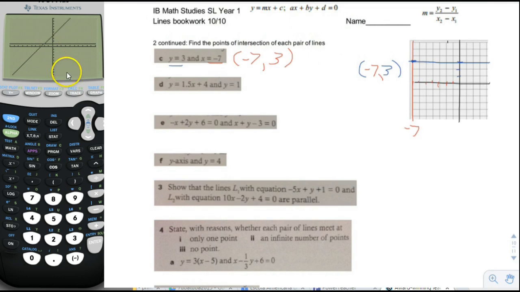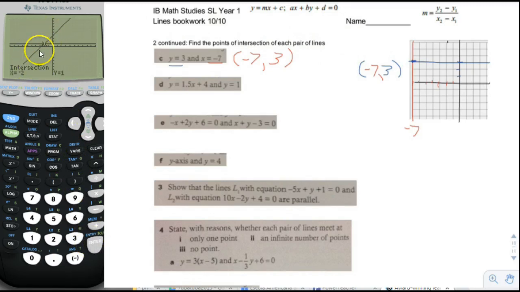The way we're going to find it is we do second calc, intersect. First curve, yes. Second curve, yes. Doesn't matter. There's only two curves in there, so. And it says, is your guess 0, 0, 4, whatever. It doesn't really matter what your guess is. You just hit enter anyway.